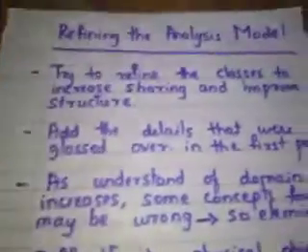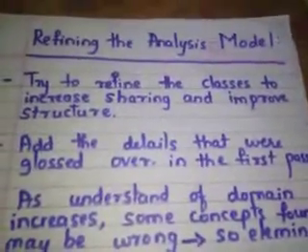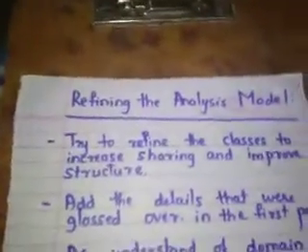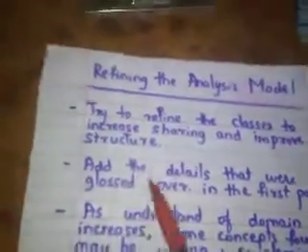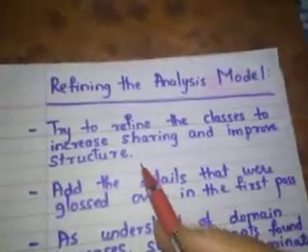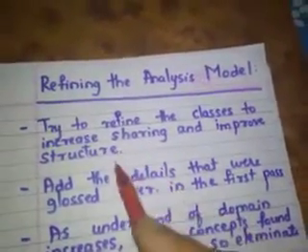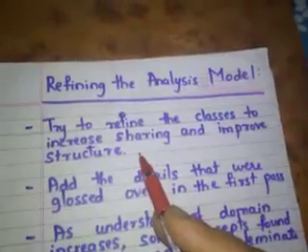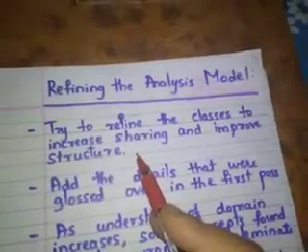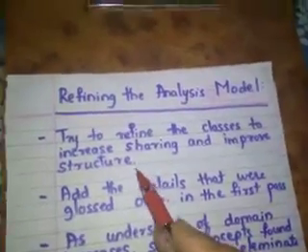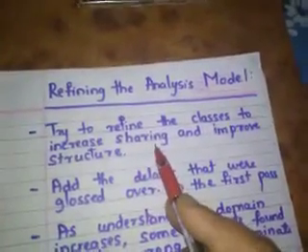Next is refining. Once the final version is ready, we may need to retune it according to our business requirements. That is, we should once again go through the classes and see whether we can increase the sharing or improve the structure. Have we missed any of the minute things as attributes or operations, or can we improve it using inheritance? Can we increase the sharing part?